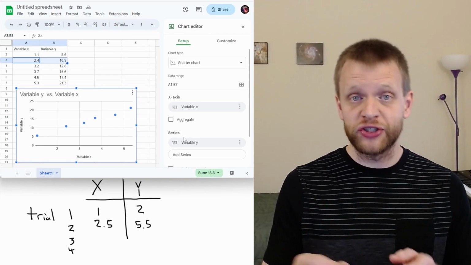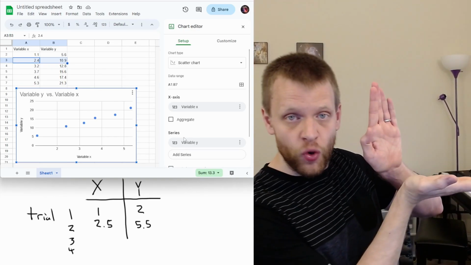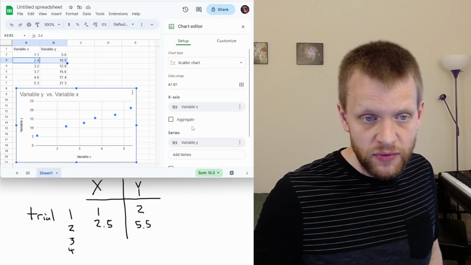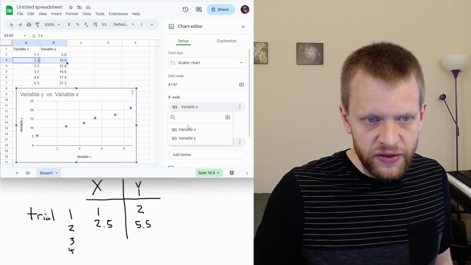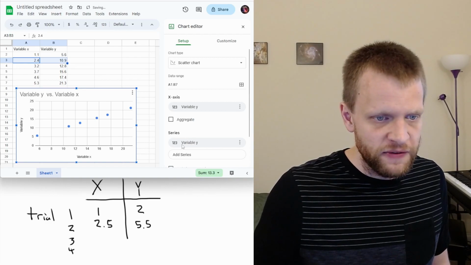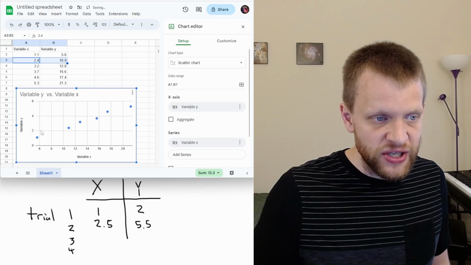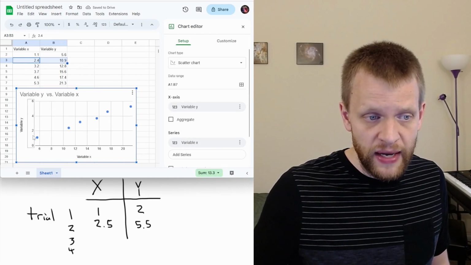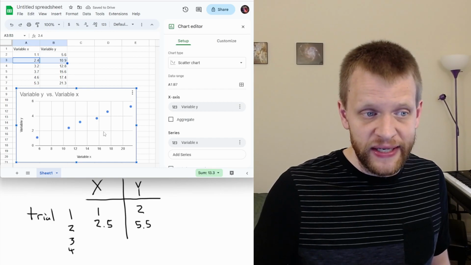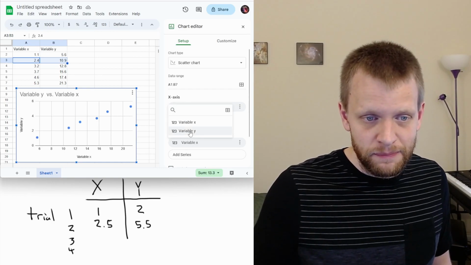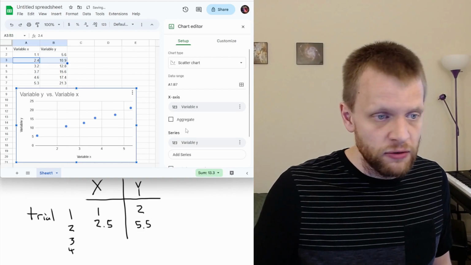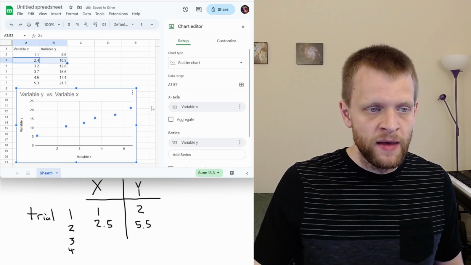If I wanted to switch which quantity was graphed on which axis, we can do that here. We can say, on the x-axis I want my y variable, and on the vertical axis I want my x variable. But let's change it back to the original one so we have our original data.